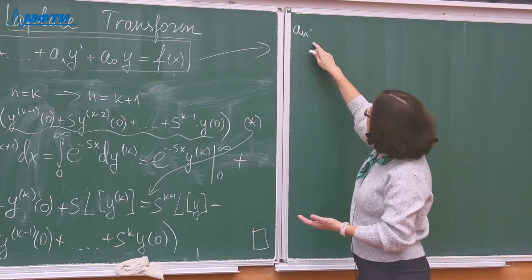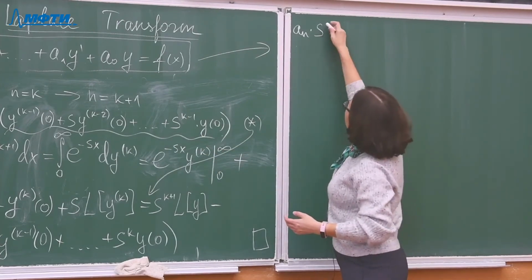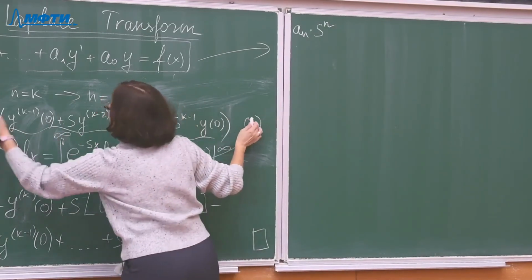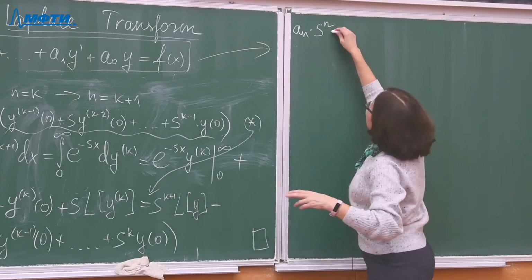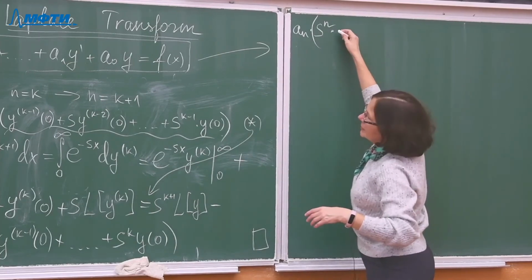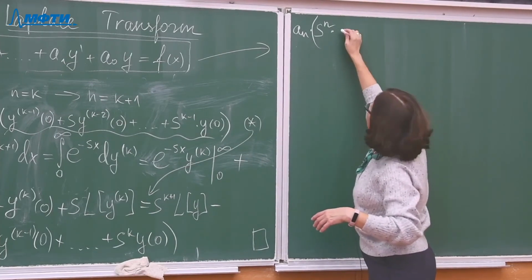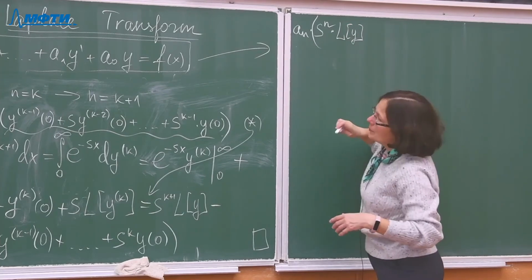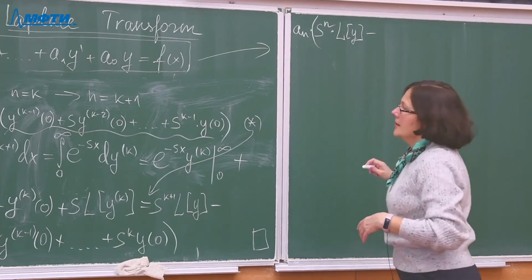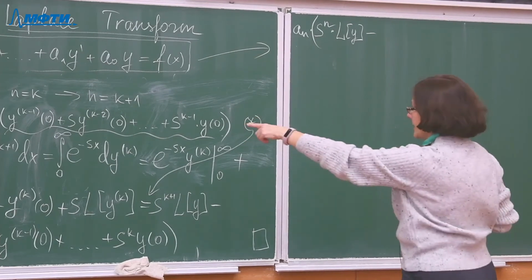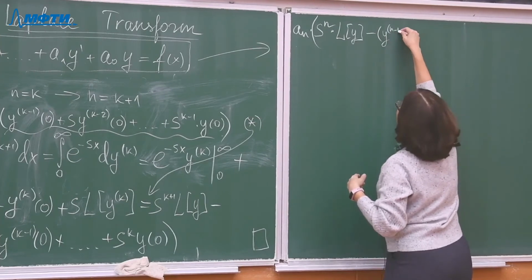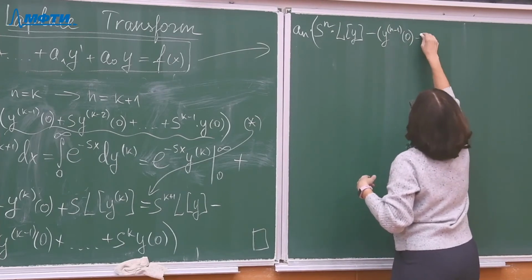So we can see that a_n is multiplied by s to the n, right? I am applying this formula. It would be s to the n times L of y minus this expression, y^(n-1) of 0.